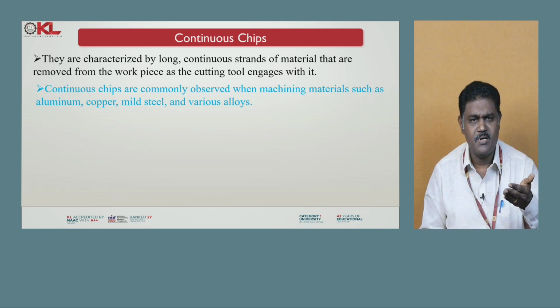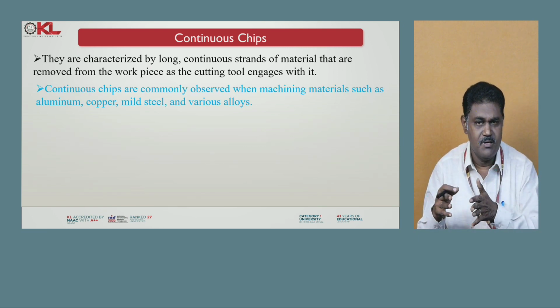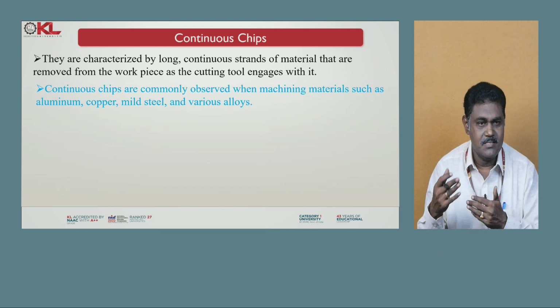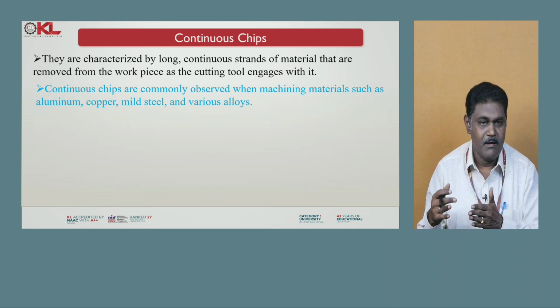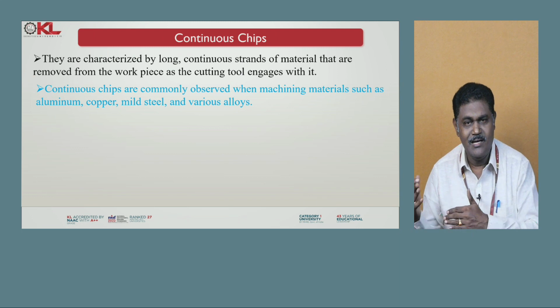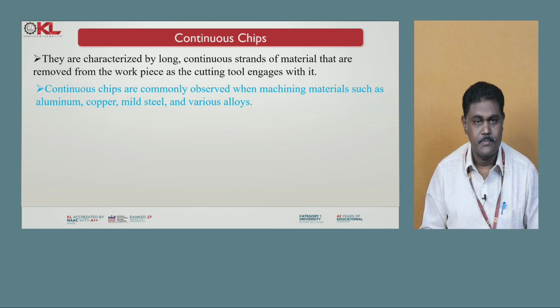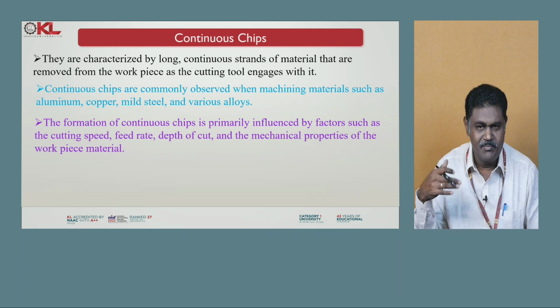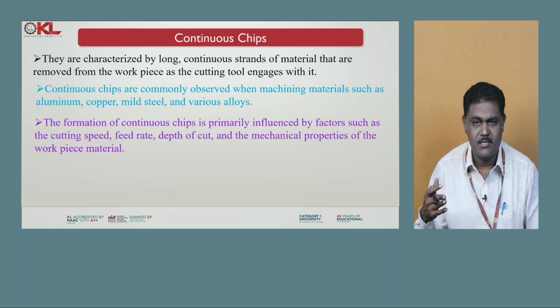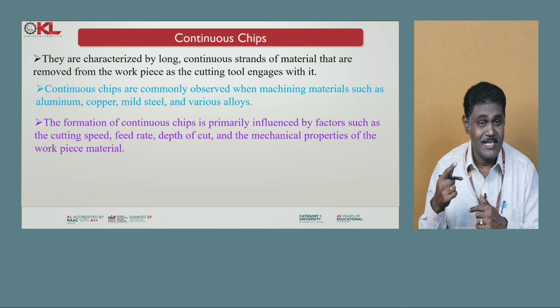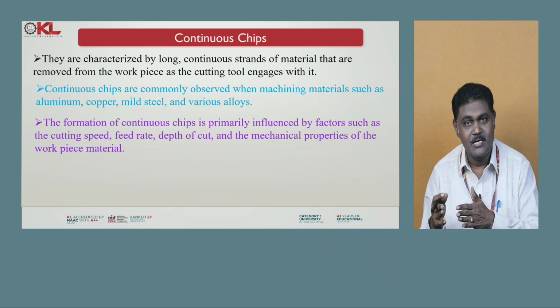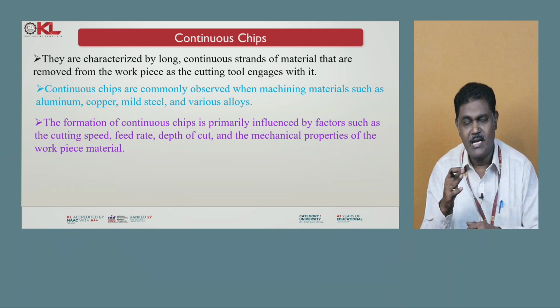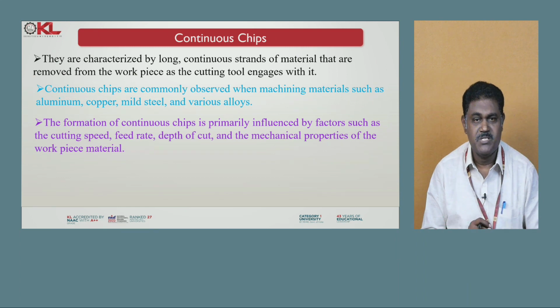Continuous chips are commonly observed when machining materials such as aluminum, copper, mild steel and various alloys. The formation of continuous chips is primarily influenced by factors such as the cutting speed, feed rate, depth of cut and the mechanical properties of the workpiece material.